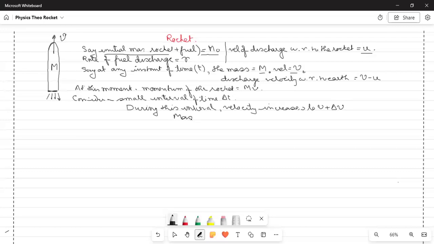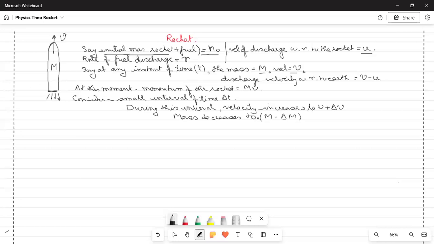The mass decreases to m minus del m during this small time interval del t.